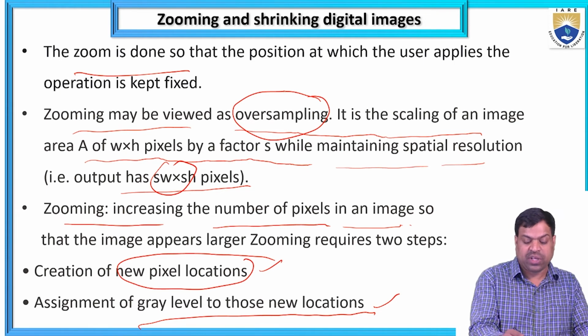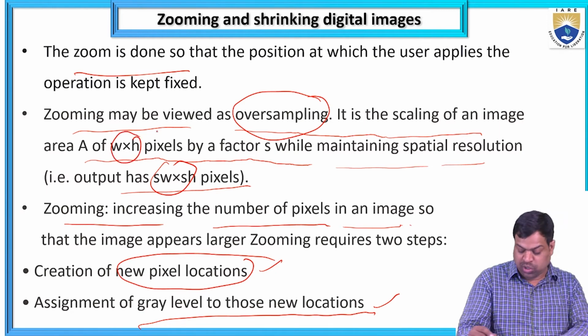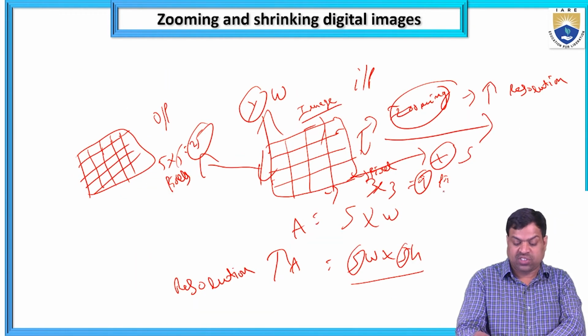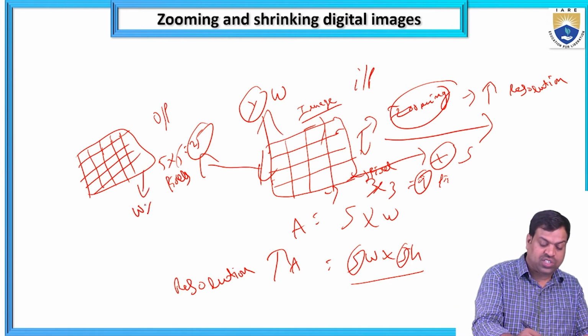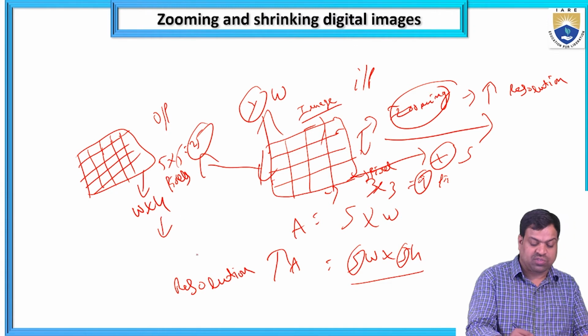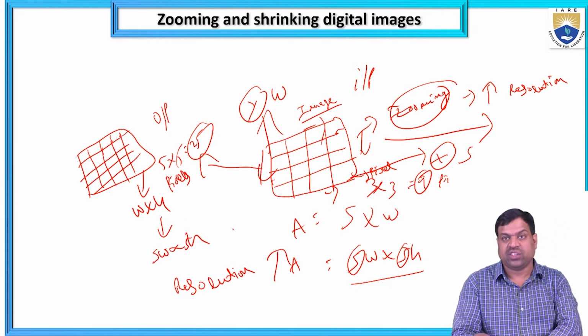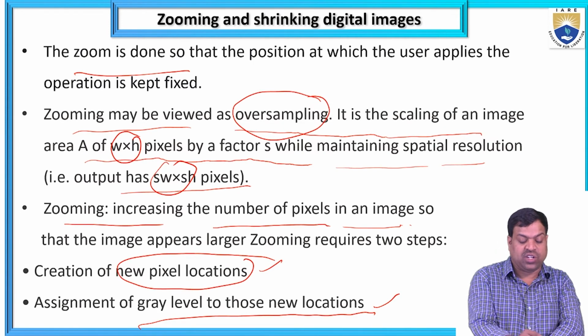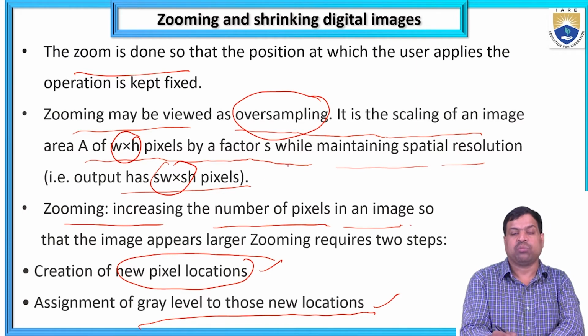When I am applying oversampling, the row and column values will change. The original image is W by H pixels, but I want to increase the pixels. So SW by SH means I am increasing the pixel values. When applying zooming, or oversampling, we get SW by SH pixels, a larger number of pixels.